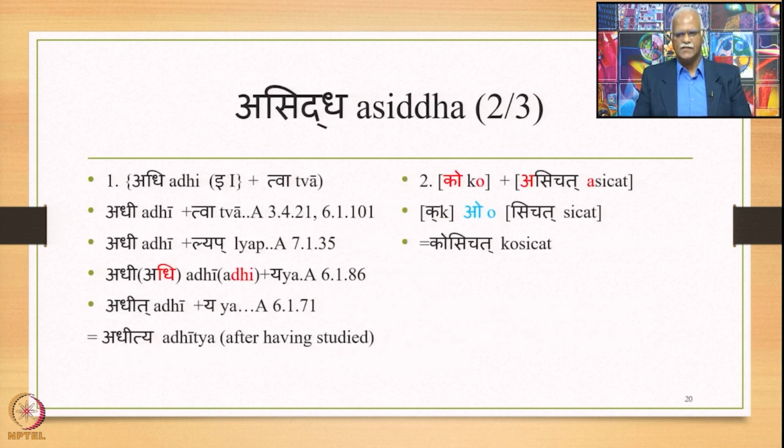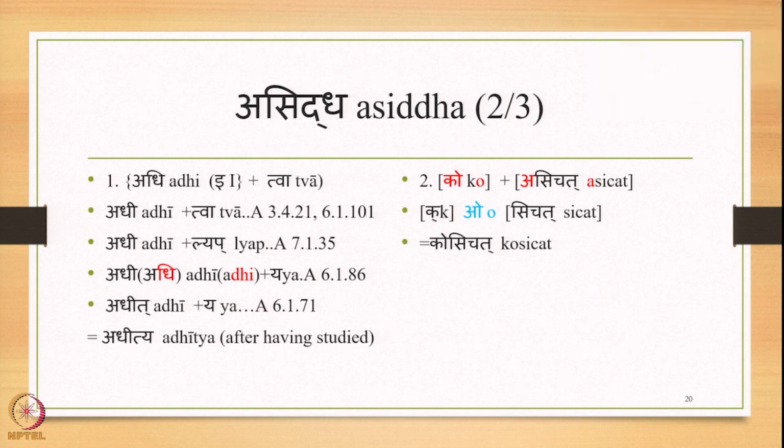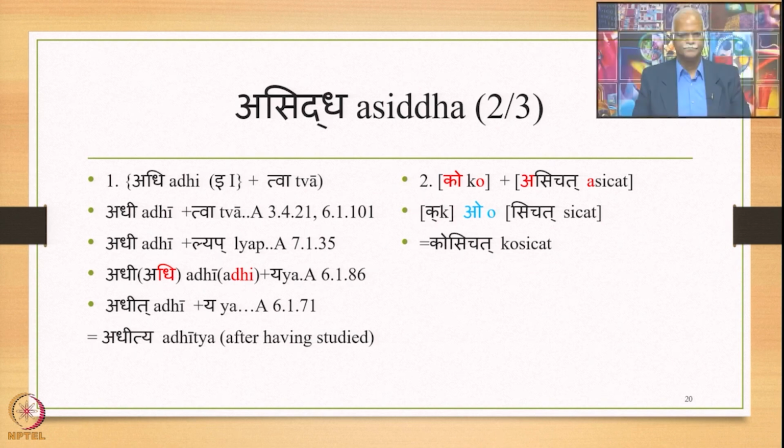Let us take the examples. So, first example is that of the suffix ktva being added to the verbal root i to study with the preverb adhi. So, we have adhi, i and ktva. So, adhi and i are shown in curly brackets because they form one unit. Adhi and i always come in combination.